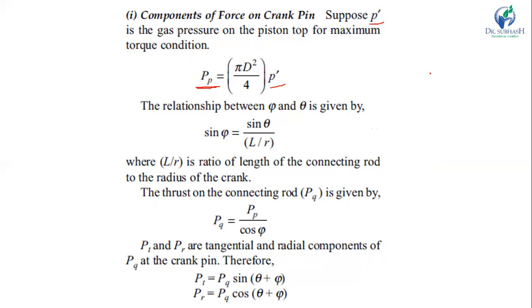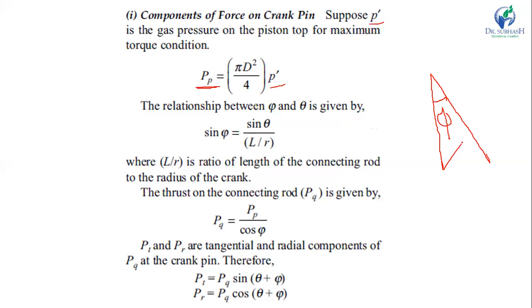You can see here, this angle is known as phi, the angle of inclination of connecting rod with the dead center. And theta is the angle of inclination of crank with line of dead center.